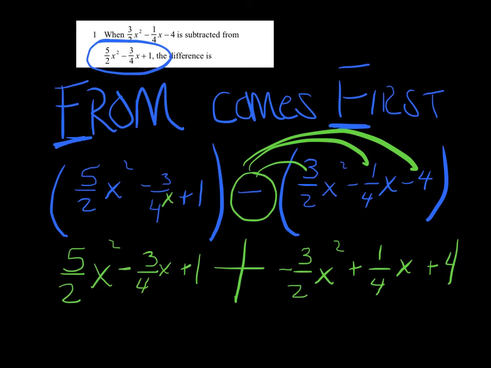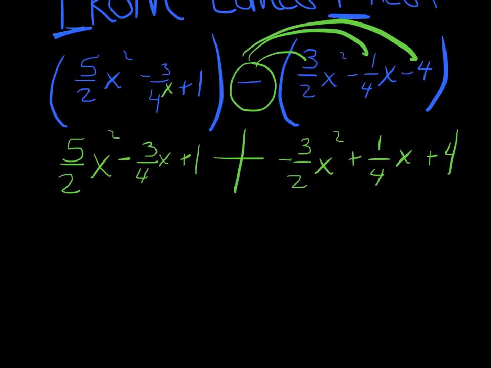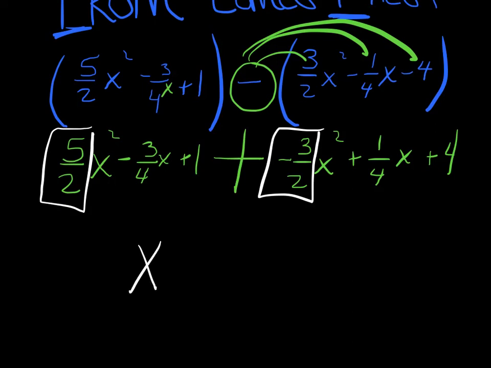Now, I want to be very clear. You don't need to be a hero and do all of this in your head at this point. Our goal is to get it right on the exam. So if you can't add fractions in your head, that's okay. Grab your calculator and type them in. 5/2 plus negative 3/2. If you can't do it in your head, do it on your calculator. You should get 2 over 2, which is 1 x squared.